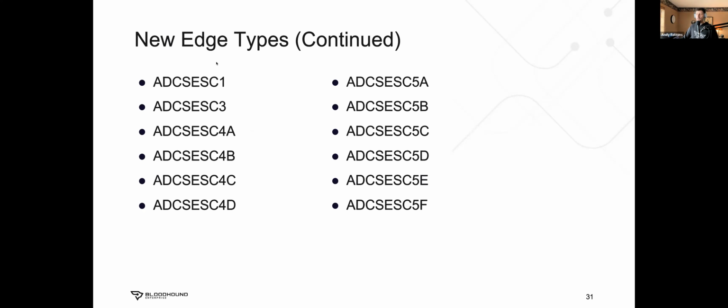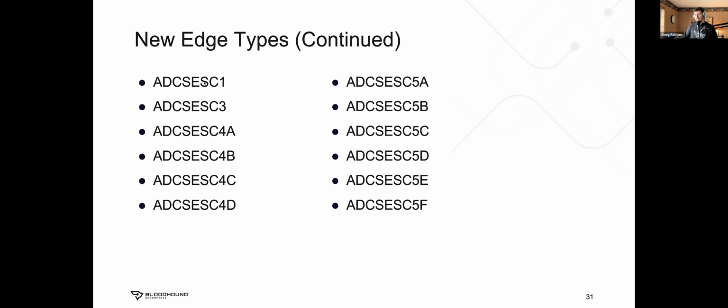Also, you will see edges that look like this. ADCS escalation 1, 3, escalation 4, A, B, C, D, escalation 5, A, B, C, D, E, F. You'll see what these mean in the demo, but essentially these will connect a principal to the domain where BloodHound has done the calculation for you to determine that that principal can actually do one of these different privilege escalations.